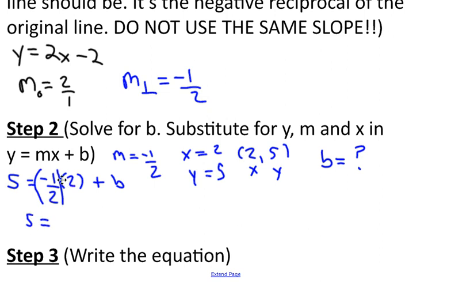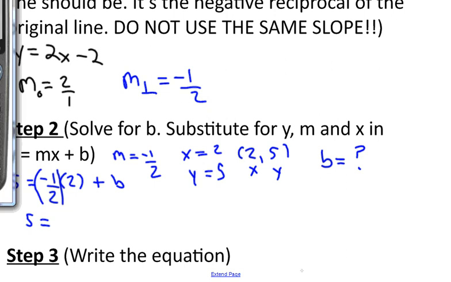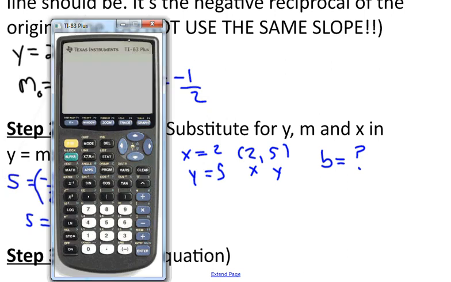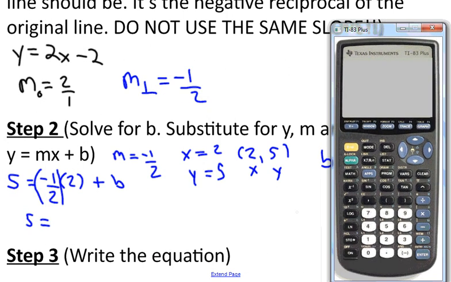Let me show you how to multiply this on the graphing calculator. So what you want to do is type it in just the way you see it with the parentheses. So open parentheses, -1 divided by 2, fractions are division, close parentheses, open parentheses, 2, close parentheses, hit enter, and you get -1.